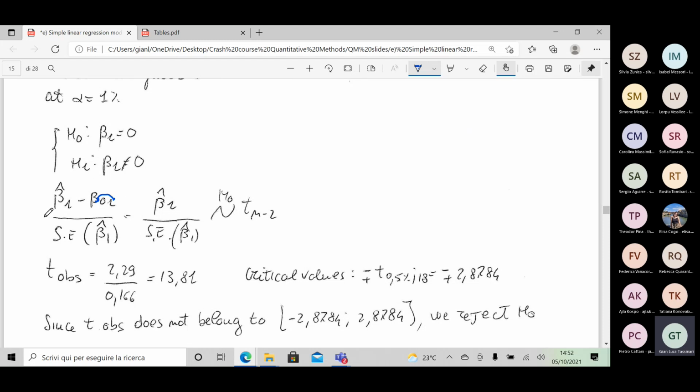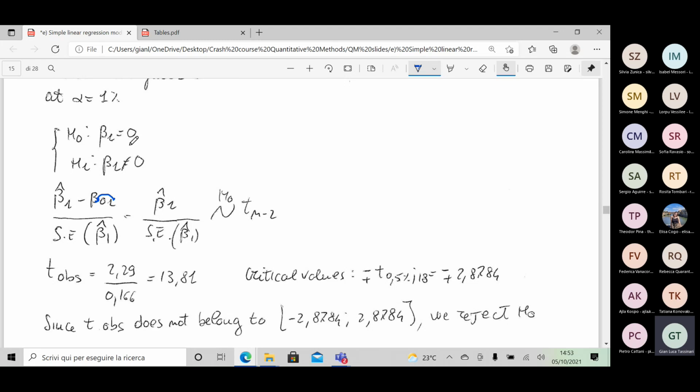Remember that this result has been provided this morning, and under the null assumption, the distribution of this test statistic is a Student's t with n-2 degrees of freedom. In our specific case, beta 1,0 is the value of beta 1 under the null assumption.